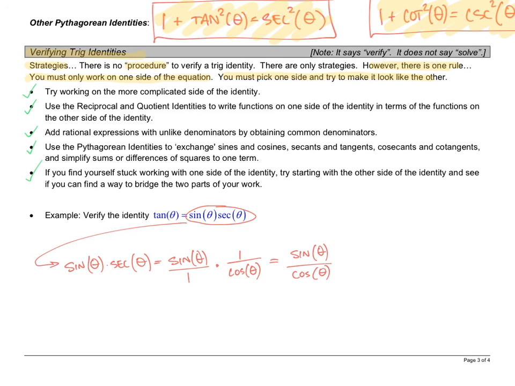Once you look at that, sine theta over cosine theta, that's our definition for tan theta. So what I would say right now, folks, is verified. That's green check verified. That's a quick example. I've got 3 more on the next page, so let's jump over there and take a look at those.